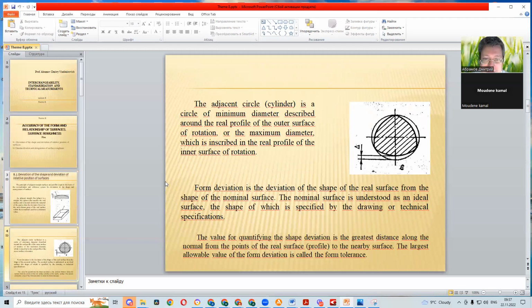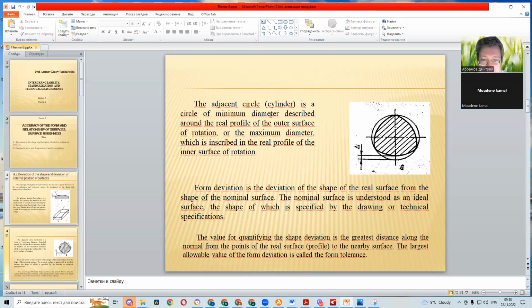The adjacent circle or cylinder is a circle of minimum diameter described around the real profile of the outer surface. Look at this figure. You can see the real profile, and you can see the circle around the real profile.